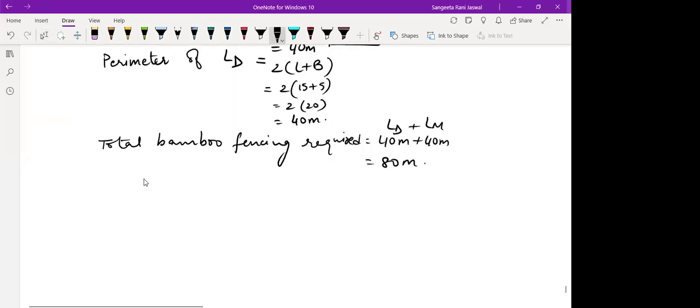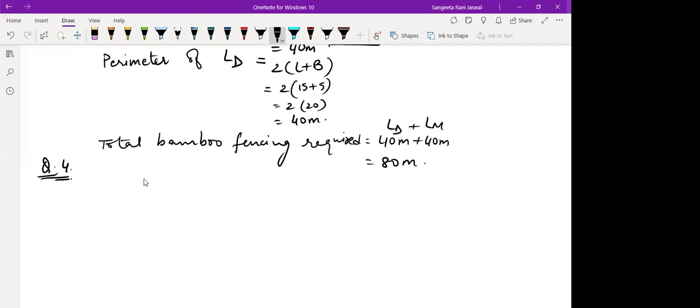Okay, let's take up another question, number 4. The class time is almost getting over, so just note down the question. Even if the class gets over, you can continue with the question.